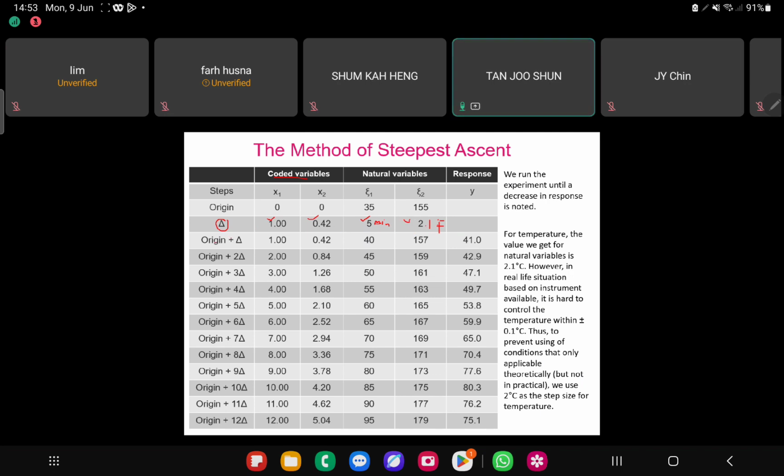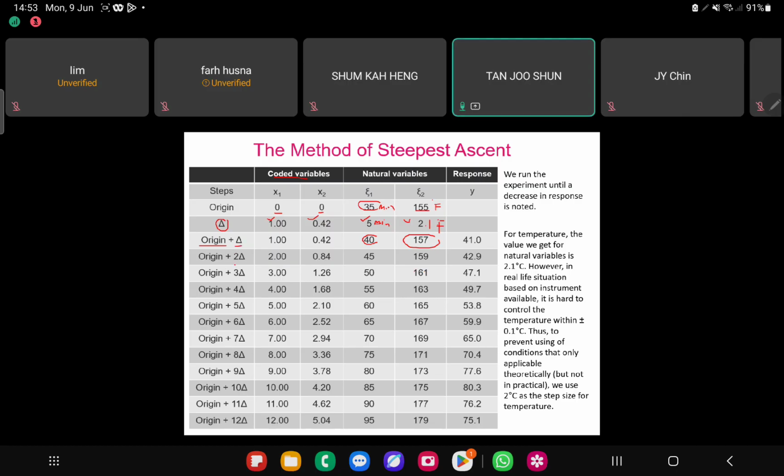Okay. Then I can move now using 35. Okay, start from 0. We start from 0, which is 35 minutes and 155 Fahrenheit. So now we move one step, meaning I will add 5 minutes. 35 plus 5, you will get 40. 155, you put 2.1, we put 2, you will have 157.